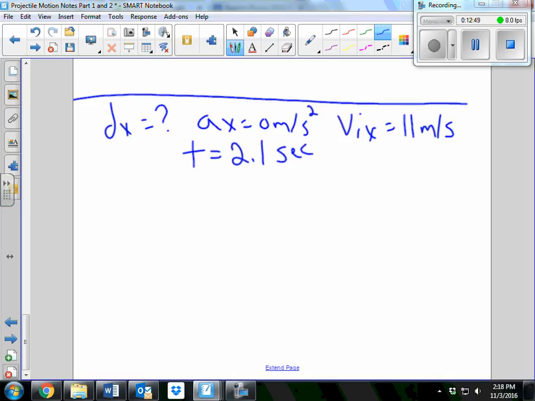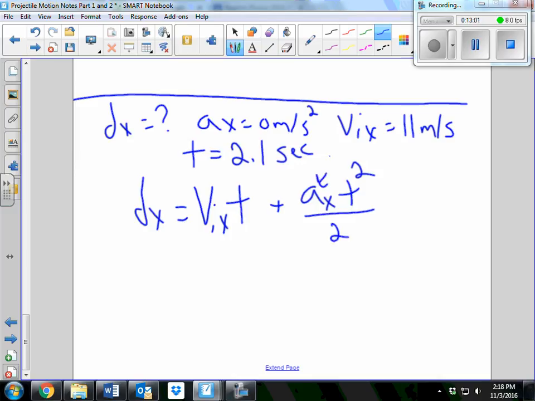Right? So when I look, I could see that d of x equals vix times time plus ax t squared over 2. But I know that this guy is 0, so this all gets canceled out. So this guy is just 0. So if I rewrite this, I really have d of x equals vix times time.